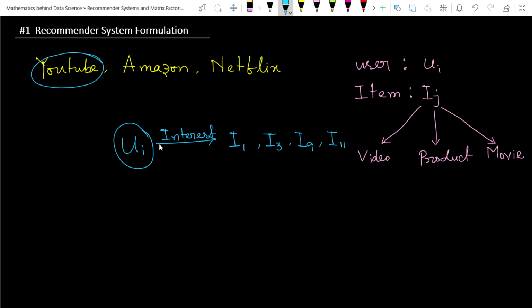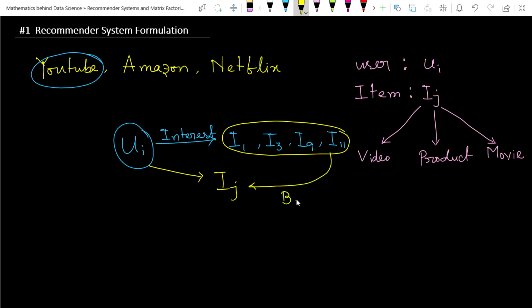Let's take that the user has shown interest in these videos: the I1 video, I3 video, I9 video, I11 video. Now our task is to recommend some video Ij for that user, based on the value of these items.